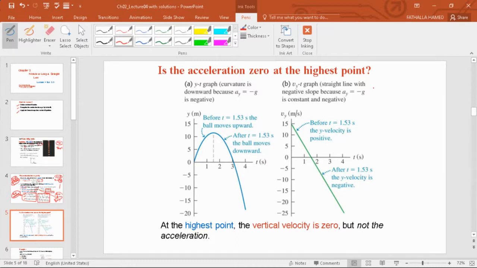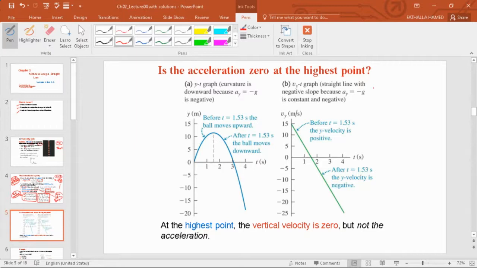And the logic that you always go with is when you throw something up, gravity is pulling down. So it will slow the object until it gets to the highest point at which the velocity will be 0, and then it drops back. That's if we're talking about only one dimension.